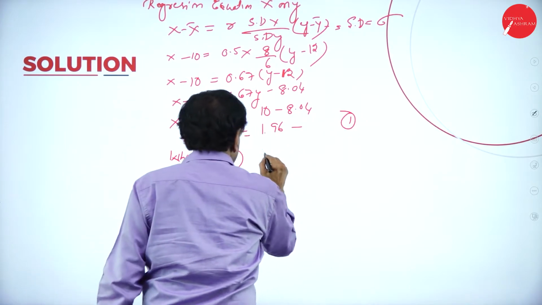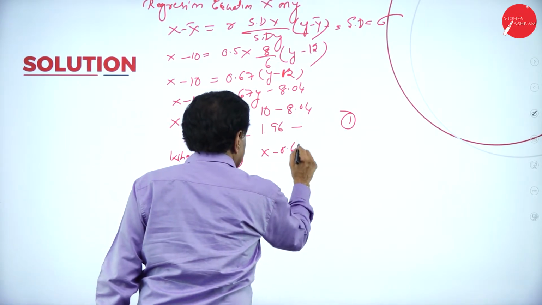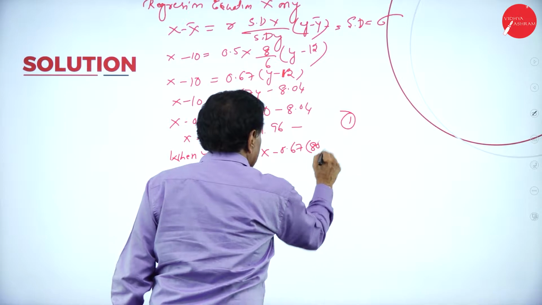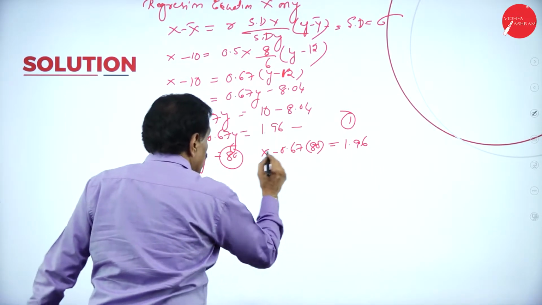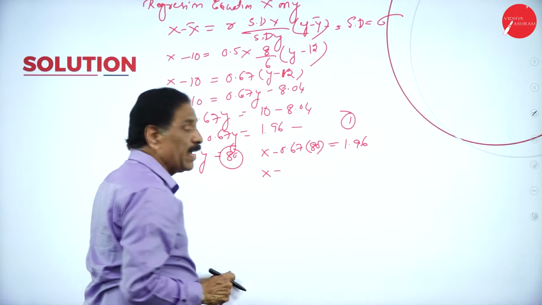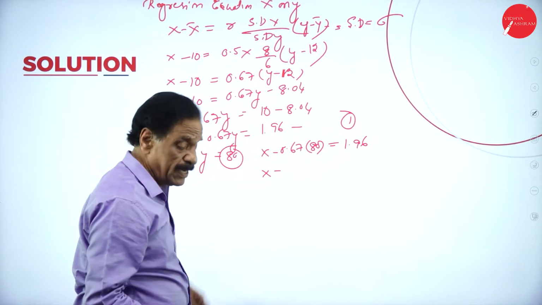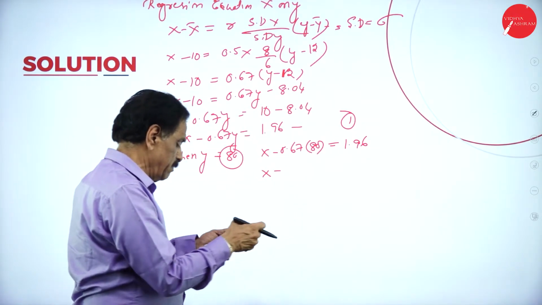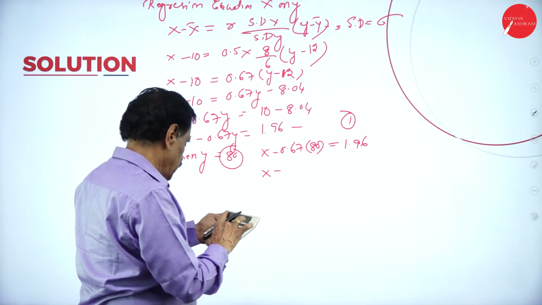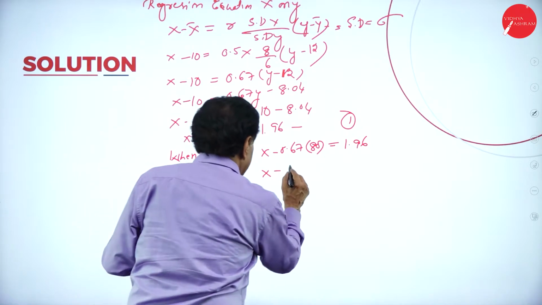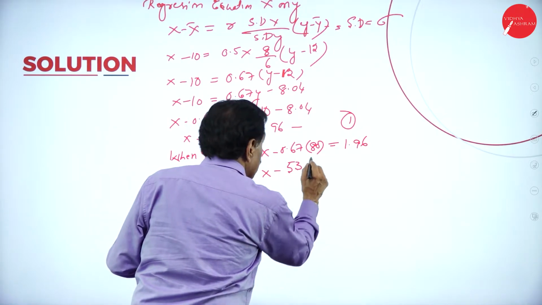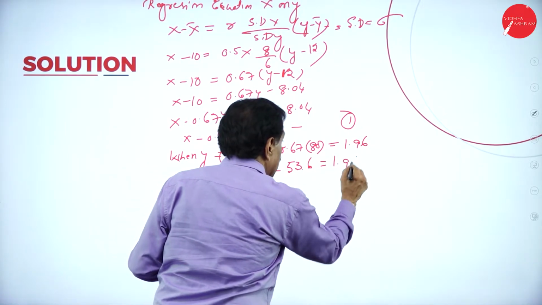Apply y is 80: x minus 0.67 into 80 equals 1.96. So x minus 53.6 equals 1.96.